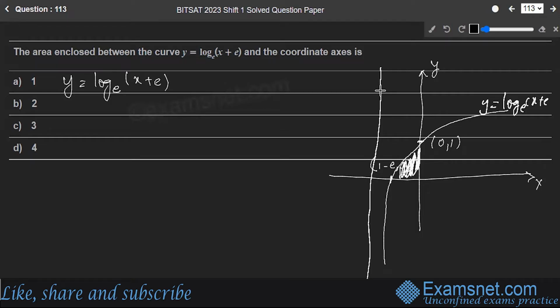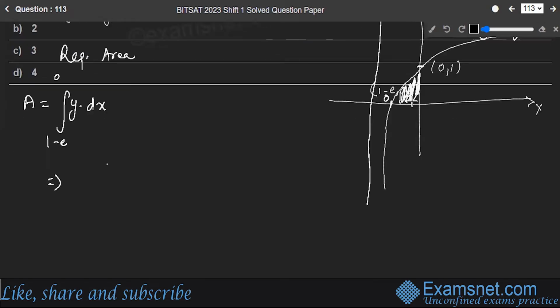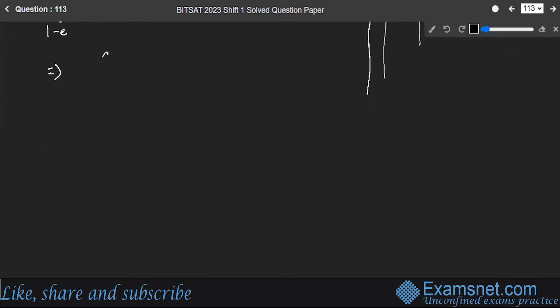Now the required area is given by A is equal to the integral from 1 minus e to 0 of y dx, because this point was (1 minus e, 0). So this is the integral from 1 minus e to 0 of log e (x plus e) dx.